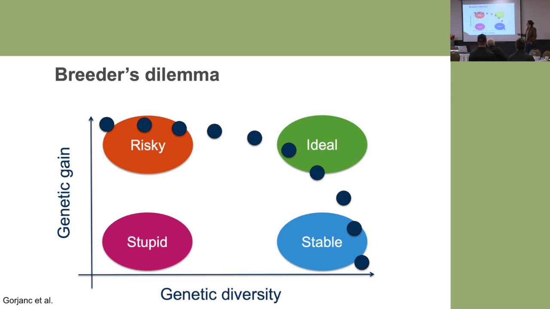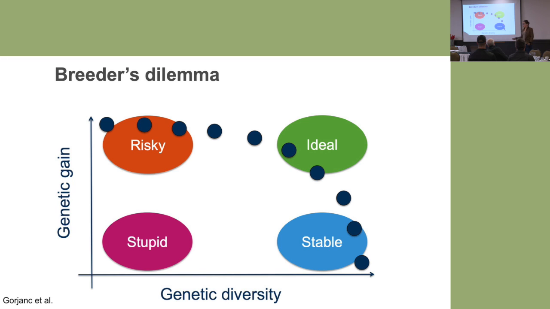The top one here, you've got lots of genetic gain and very little genetic diversity. That's risky, in my opinion, right? Then you've got low genetic gain and low genetic diversity. That's just stupid. Excuse my French. Sorry. But that's just really stupid. Then you're just worried about genetic diversity, but not getting any genetic gain.